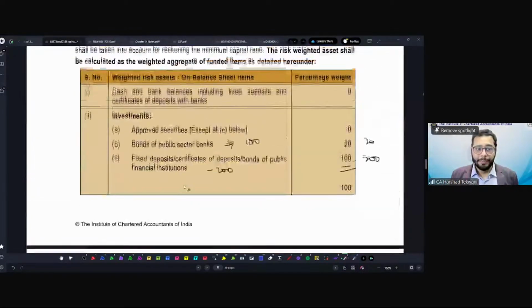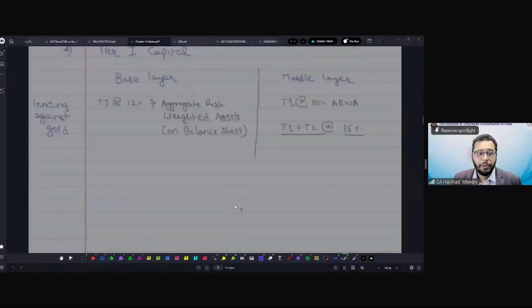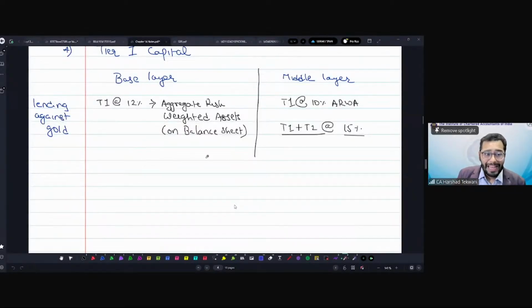Clear with this? That is what your risk weighted assets are when it comes to tier 1 and tier 2 capital. On balance sheet, basically, these numbers are taken from the balance sheet and then you multiply the weights.